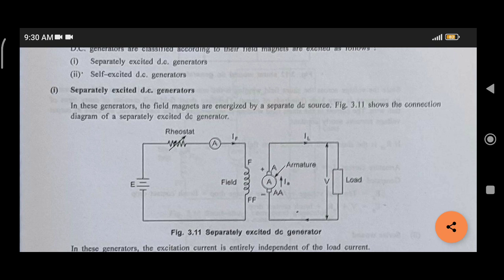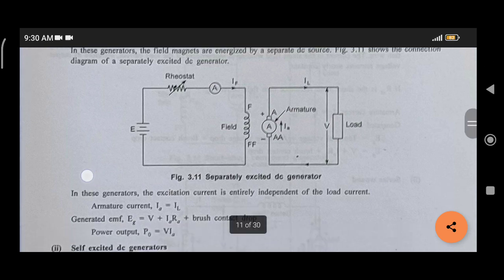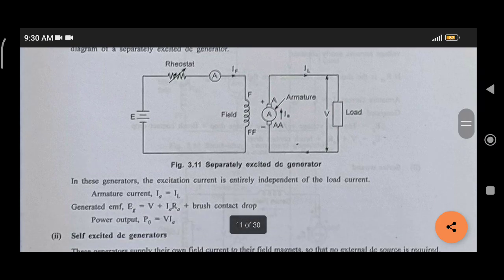Here you can see in the figure that the field winding is connected to the supply through the rheostat, and the armature is connected to the load. The formula is Eg equals V plus IaRa plus brush contact loss, and Ia is equal to IL, the same load current is the armature current, and power output is V into Ia.